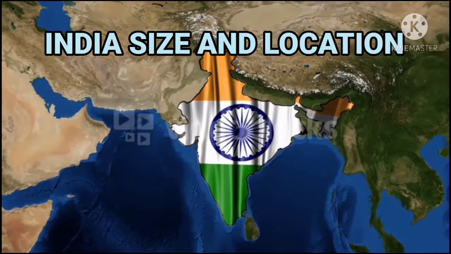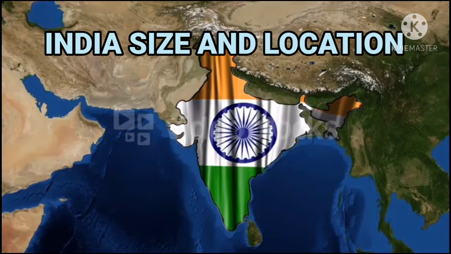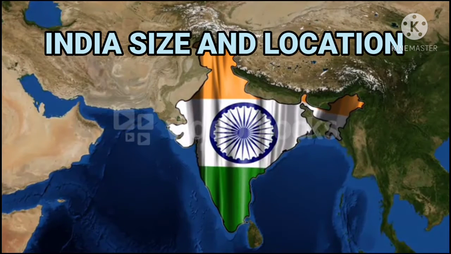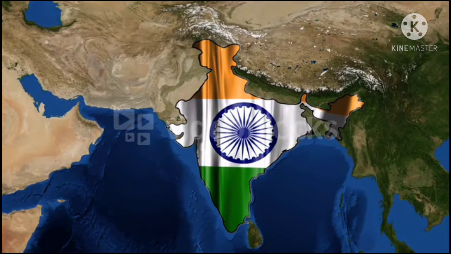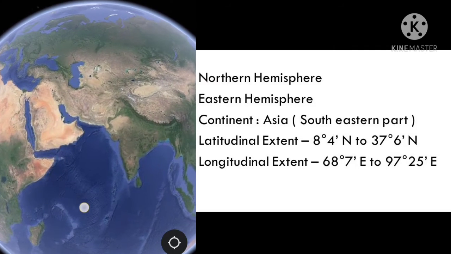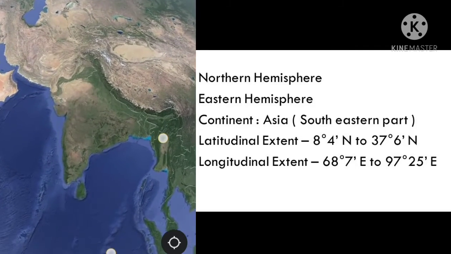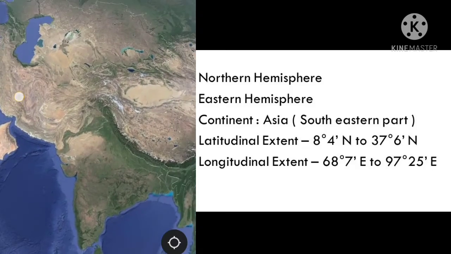So students, as we know, India is a land bestowed with the boundary of nature and a country with no comparison. Geologically, it stretches from the Himalayas in the north to the Indian Ocean in the south.